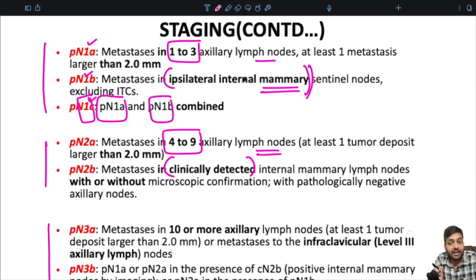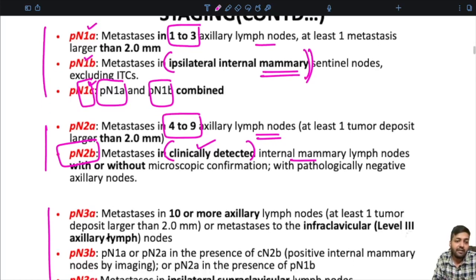If it is clinically detected, for example, by radiological investigation or by clinical examination, so metastasis in clinically detected internal mammary lymph nodes, with or without microscopic confirmation, with pathologically negative axillary lymph nodes, this is basically called pN2b. So when clinically in the internal mammary nodes you have detected metastasis, but pathologically you have not found any such metastasis in the axillary lymph nodes, then you are using pN2b. Okay, so it's very clear what is 2a and 2b.